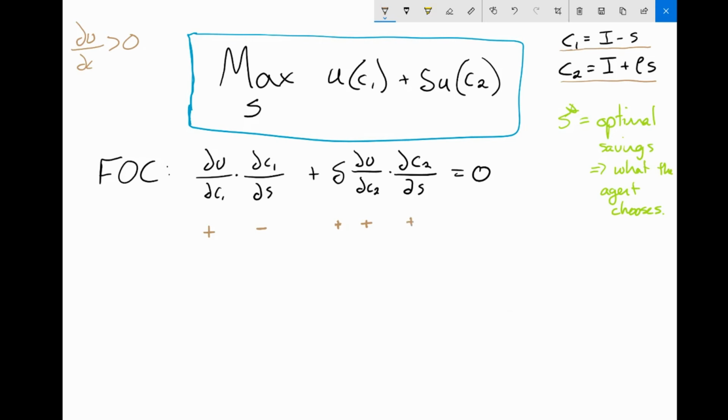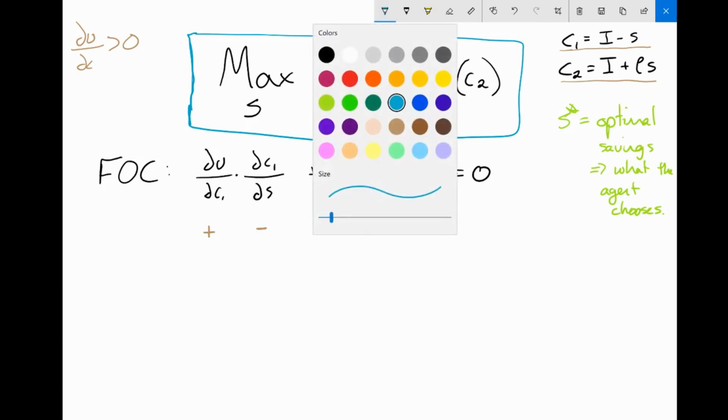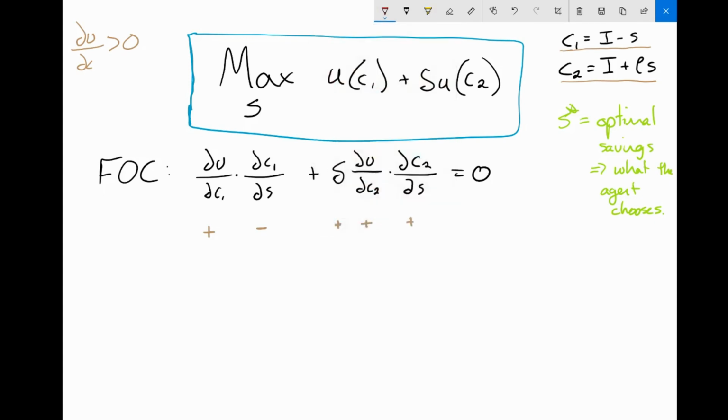All right, so if we look at this, we can see that this whole term here is negative, and this whole term here is positive.